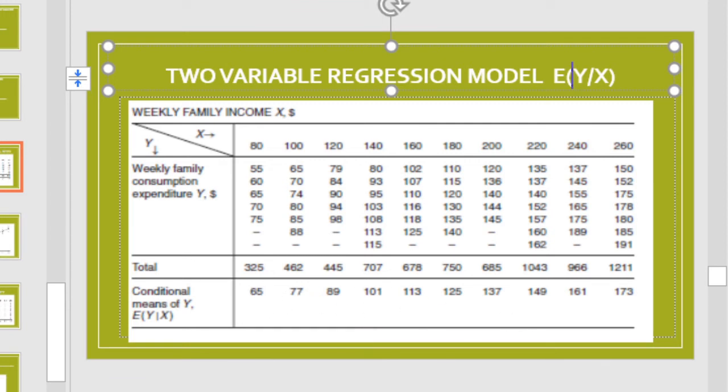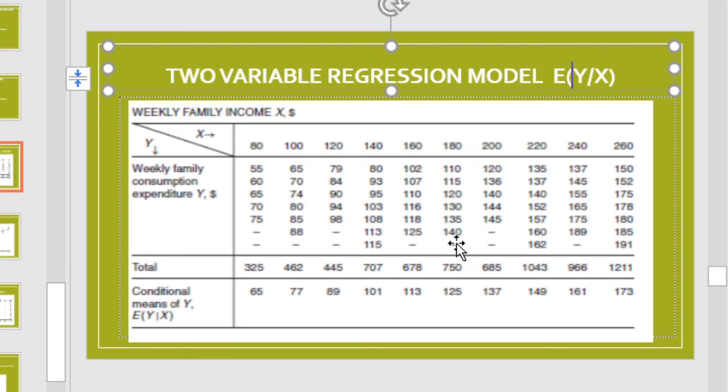Then what is an unconditional expectation? Unconditional expectation is that if we add the total consumption expenditure of all the families and divide it by the total number of population, we will get a figure. It is unconditional. We are not imposing any conditions upon that. Therefore, it is the unconditional expected value.